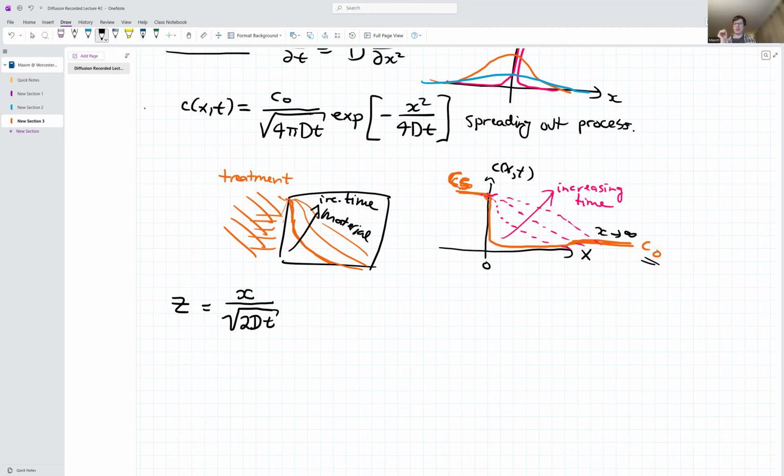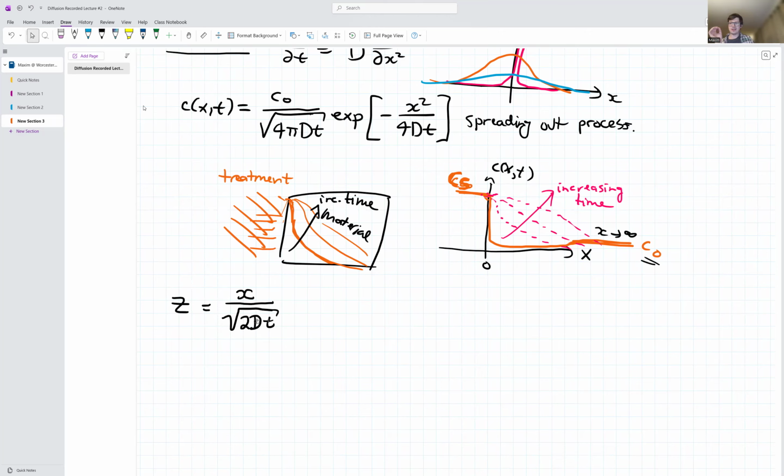If you have two different diffusion processes that have the same value of z, then it is the location at which both of the diffusive processes have distributed the same amount of concentration. It's basically a way of rescaling your positions and your times so that it takes into account the idea that the distances random walkers move grow like the square root of the diffusion coefficient times the time.